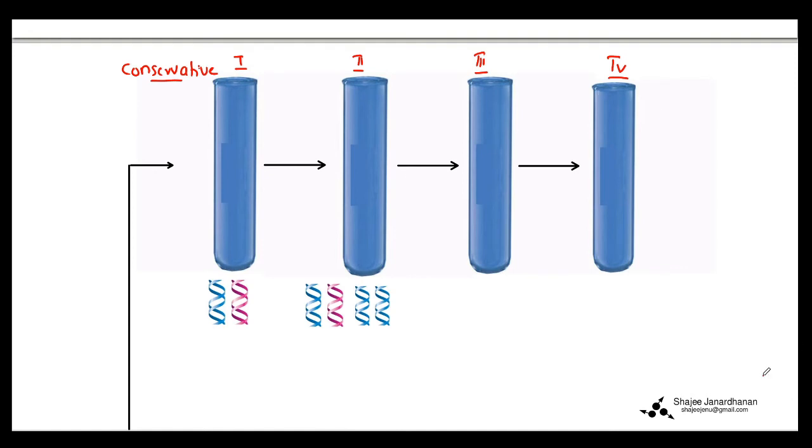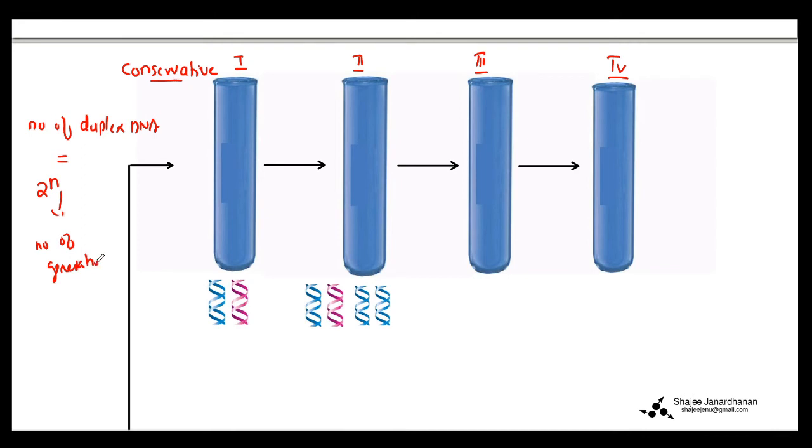Now, what will be the number of duplexes formed after each round of replication? You can use this formula. The number of duplex DNA produced after replication is simply equal to 2 raised to n, where n stands for the number of generations.